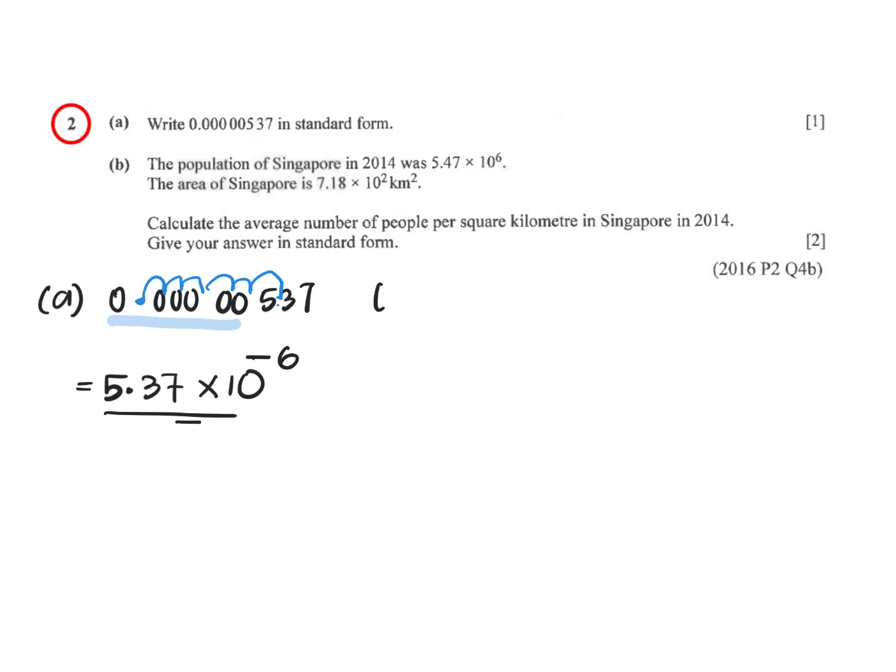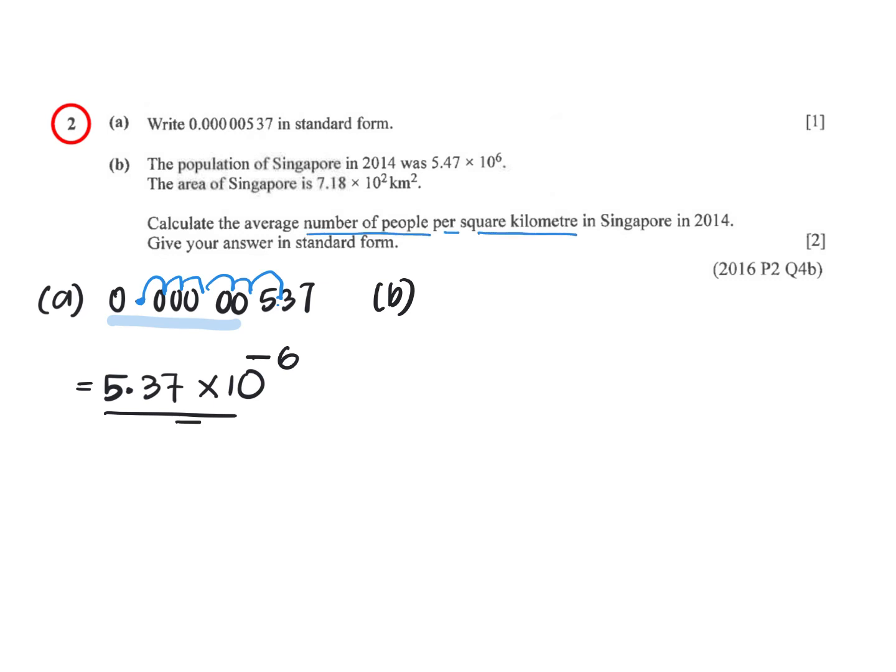Then now let's do part B. How do we apply standard form to word problems? The question here says the population of Singapore was 5.47 times 10 to the power 6. The area of Singapore is so many square kilometers. Calculate the average number of people per square kilometer.